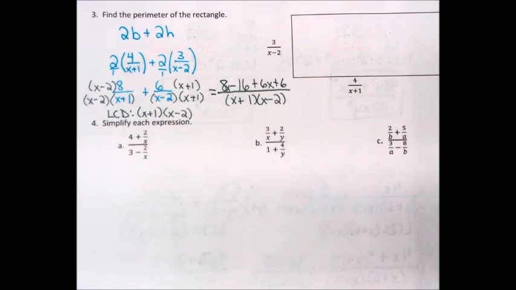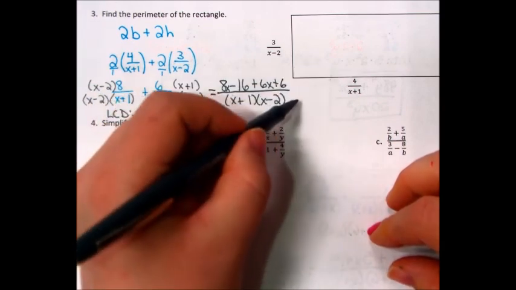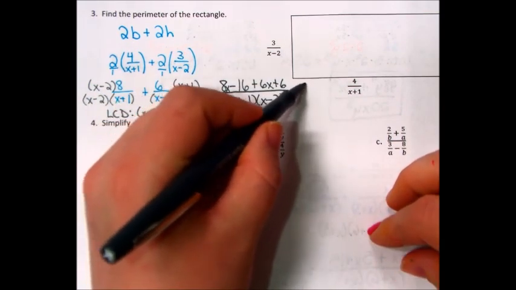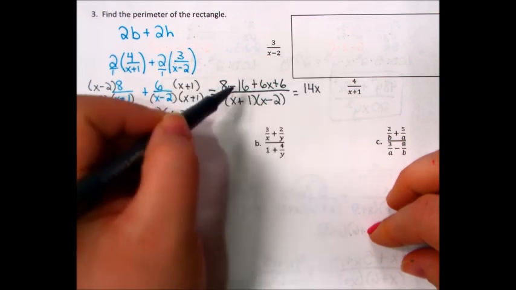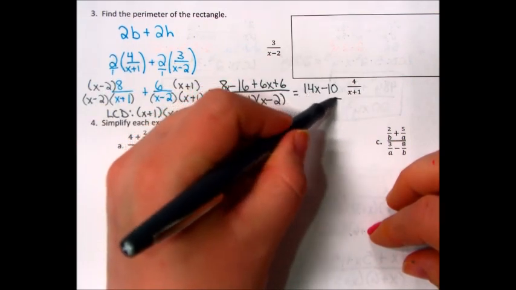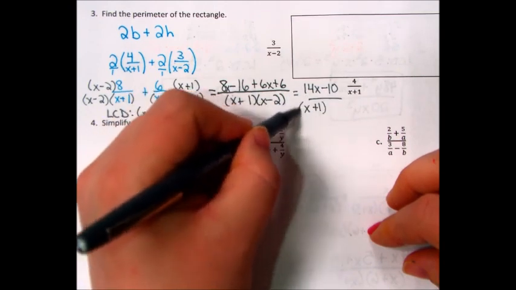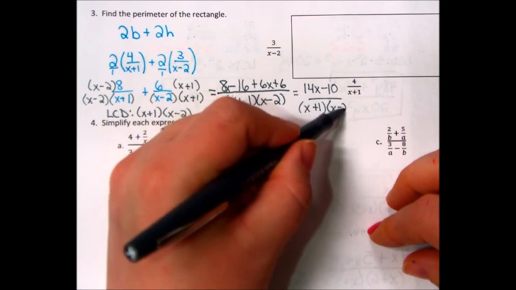Now we're looking for common terms to be able to combine. So I have 8x plus 6x gives me 14x. Negative 16 plus 6 gives me negative 10. All over x plus 1, x minus 2.